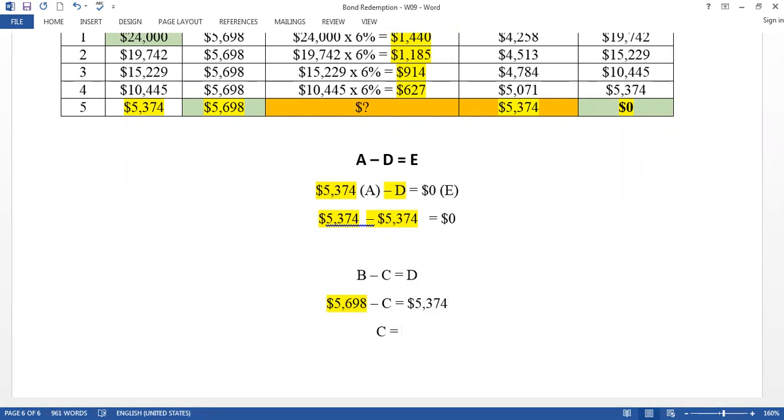C should be $3 to $4. So this $3 to $4, we do some calculation and we put here.